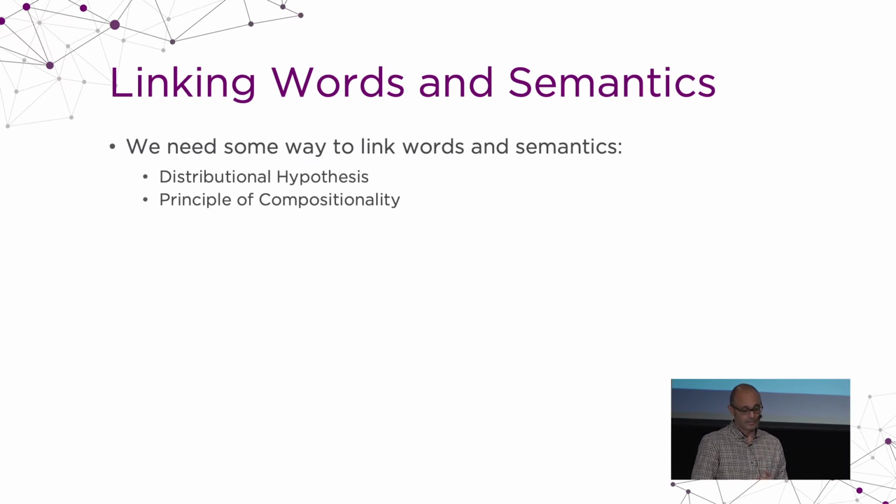And actually, we have some help there. We can use two very interesting ideas that have already been mentioned, I think, on day 1 or day 2. The first one is the distributional hypothesis, and the second one is the principle of compositionality. I will now show them in more detail.